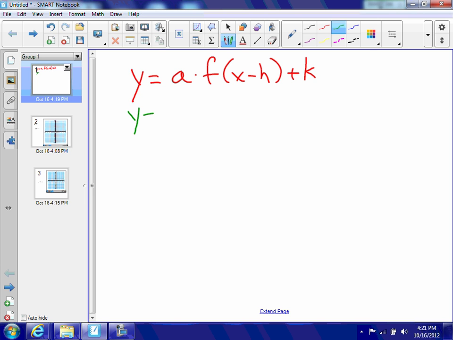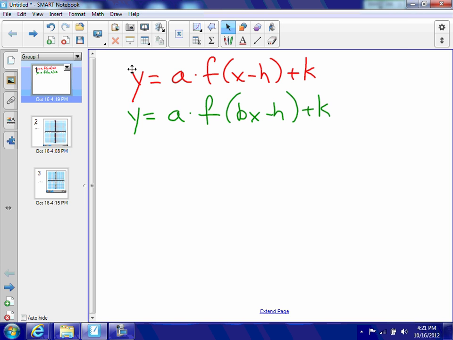And it's going to be y equals a times f of bx minus h plus k. So we're going to have four different things that are going to affect what our parent function is going to look like. We're going to have a, b, h, and k.